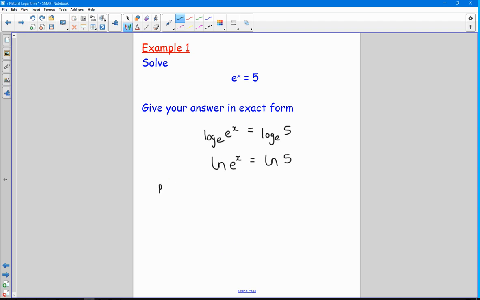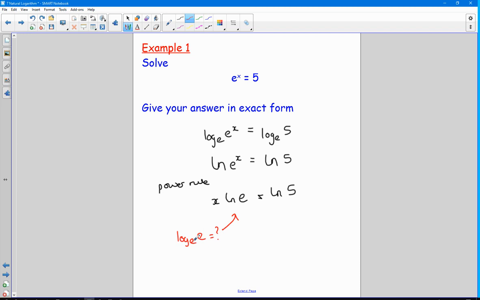Then we're going to use the power rule here, so we're going to rewrite that as x natural log of e equals natural log of 5. This bit here is saying log to the base e of e equals what?